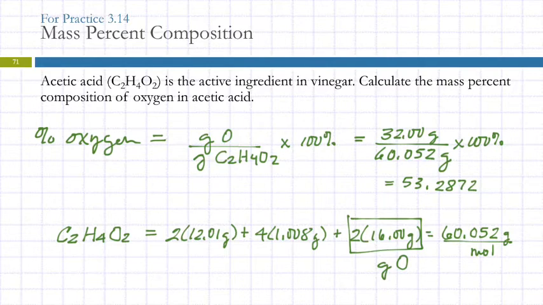If you used all the digits, like this periodic table has more digits on it than what I have in my head, then you could put more. So the number of sig figs you put here is going to depend on what kind of numbers you wrote down. So the way I did it is going to have 4, and so it's 53.29% oxygen by mass. Any questions?